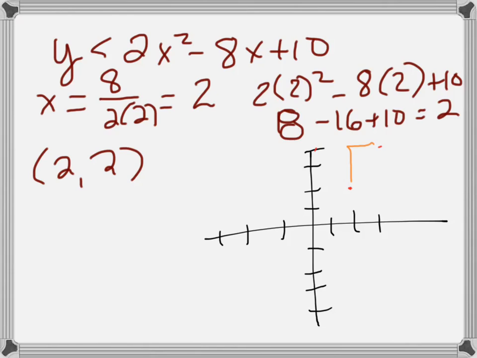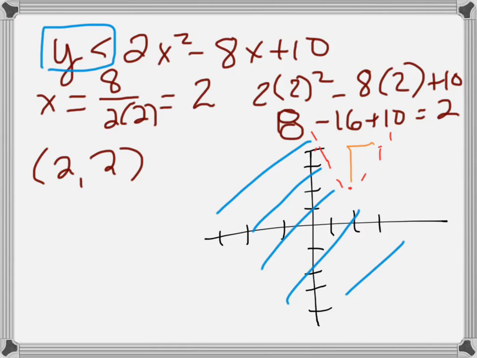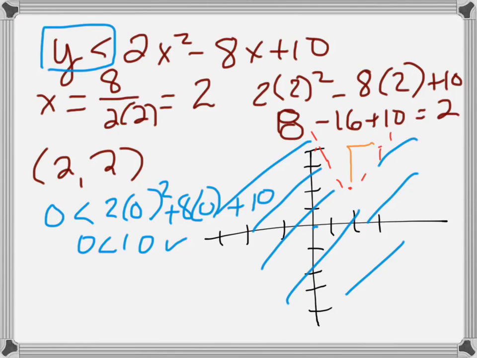And then since it is a less than sign, not an equal to sign, we use a dash line to get our parabola. Notice we're looking for the y values that are less than this graph. And so it makes sense that it'll be the values that are under the graph.